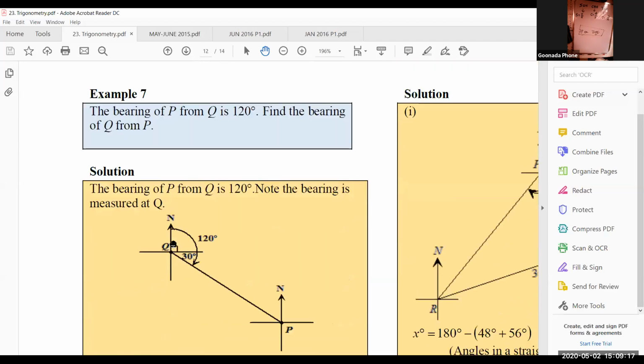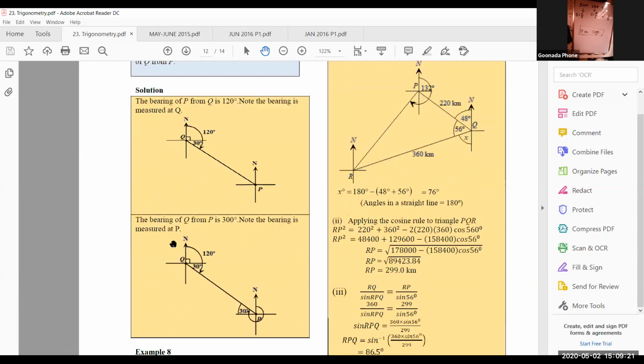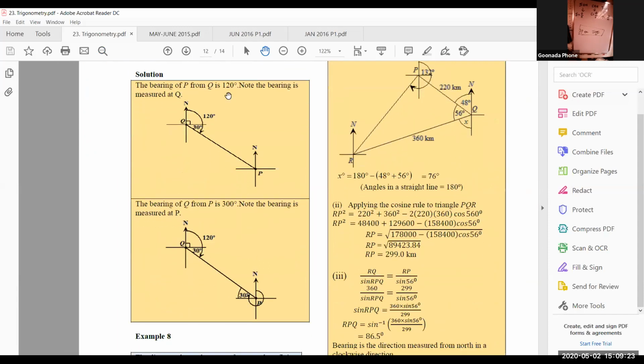So let's see the answer then. So the bearing of P from Q is 120. That's what it tells us in the question, right? So we put Q here and we put P here, right? Because that's what we want to find, from Q to P. So Q and P here.